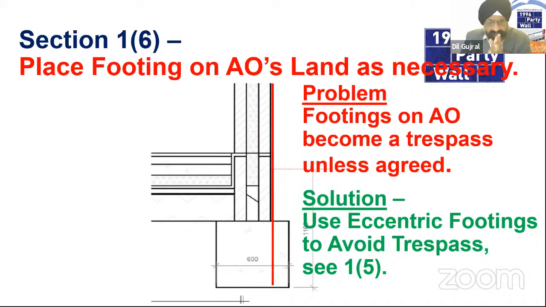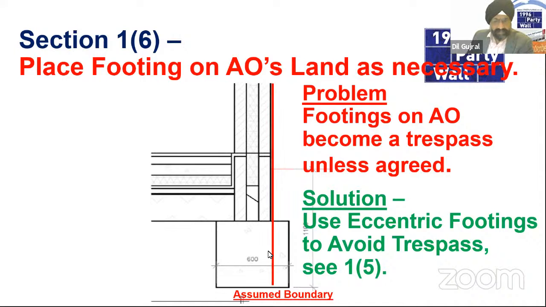Building control guys are 50-50. You ask the engineers, they'll say no, there's another solution, which I'll come on to in a minute. The problem is your footings cross over into the adjoining owner's land. It's trespass, it's illegal, you're going to get yourself into trouble. How do we avoid that? We do eccentric foundations, and that's where your section 1.5 comes in.